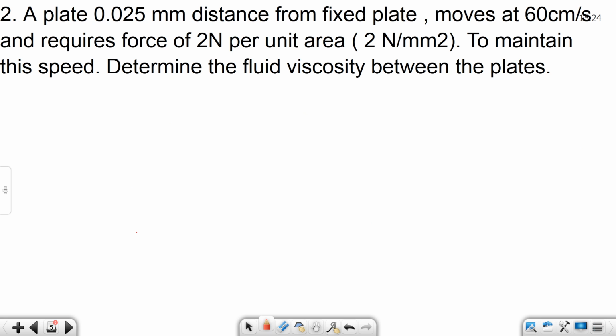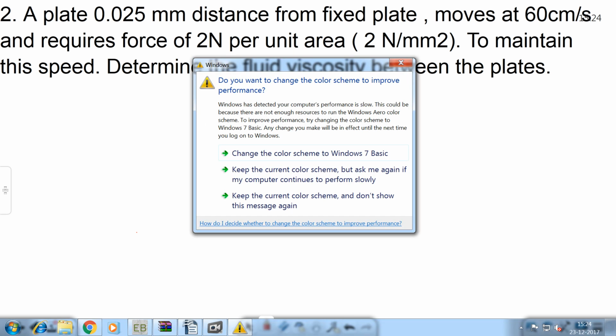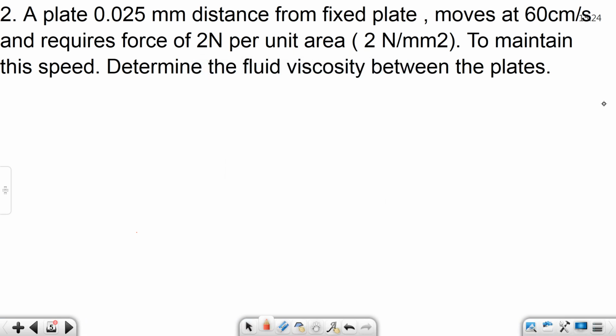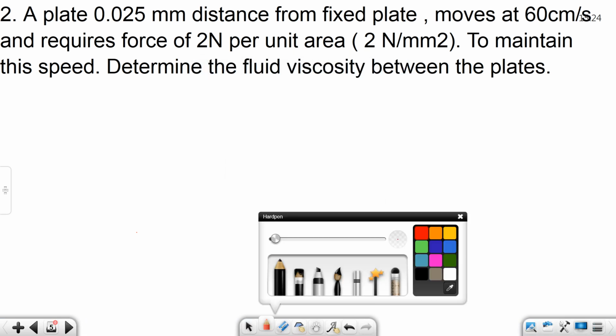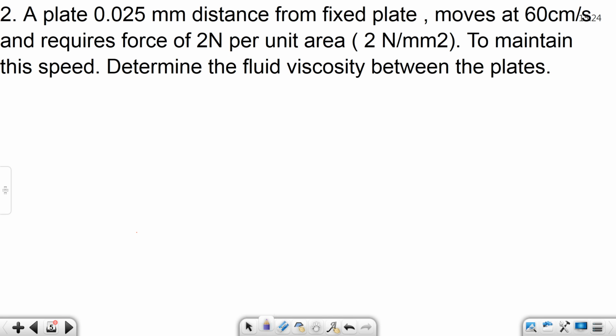The next numerical is similar to the previous part, basics of viscosity. Here the question is: a plate 0.025 mm distance from a fixed plate moves at 60 cm per second. So there are two plates, one plate is fixed, another is moving. The moving plate velocity is given as 60 cm per second.